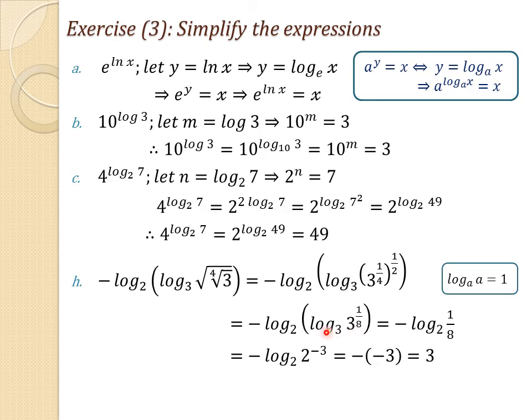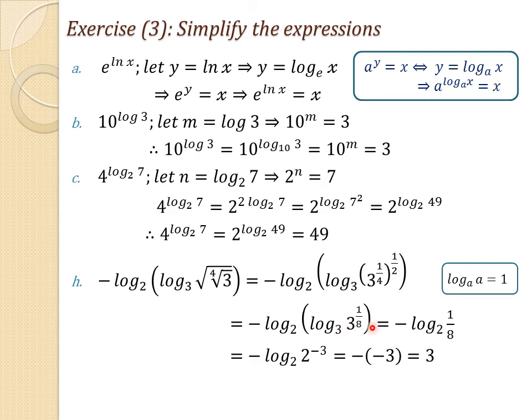Now I see that I have logarithm 3 power 1 over 8 base 3. As we knew, if those two are equal, just transfer the 1 over 8 and make it multiplied by the logarithm. So the result of this expression is 1 over 8, because logarithm 3 base 3 is going to be equal to 1.